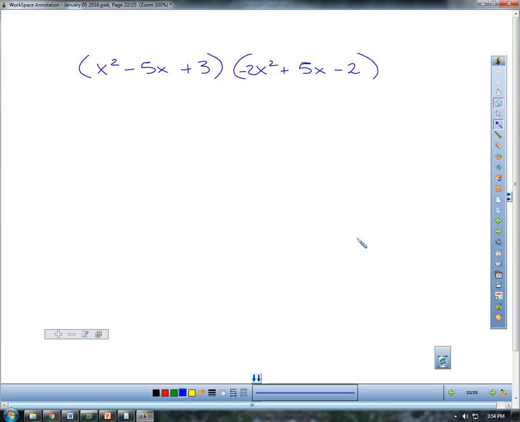So now what I'm going to do is, somebody in class the other day asked if you could have bigger squares when you multiply polynomials. So now I have a trinomial times a trinomial. 1, 2, 3 terms, and 1, 2, 3 terms. So what I want to do is make a 3x3 box. So it's a bigger box.